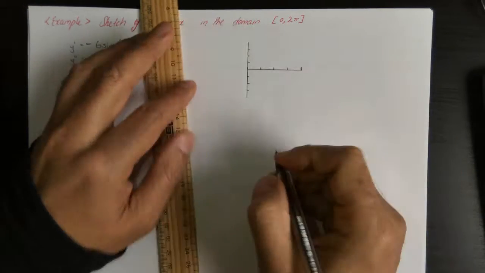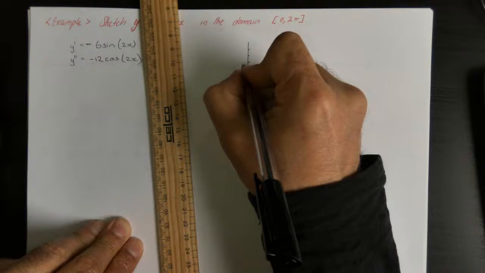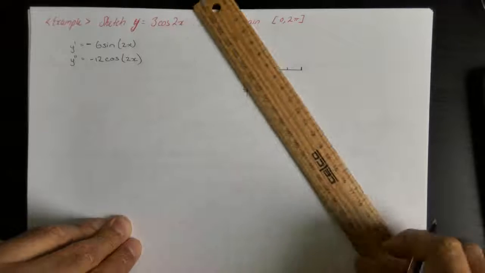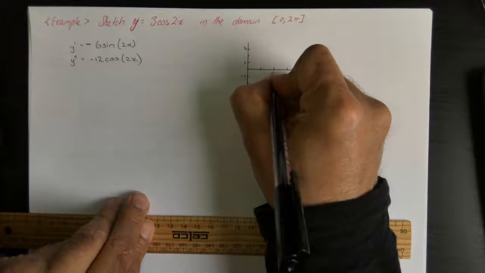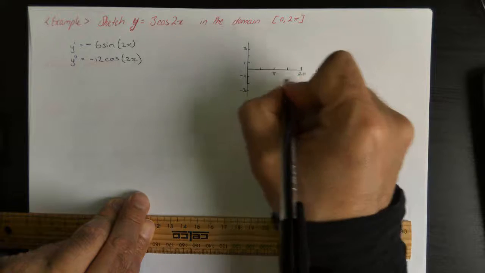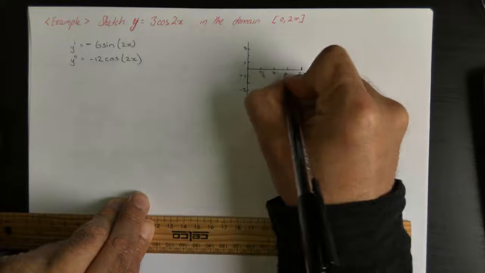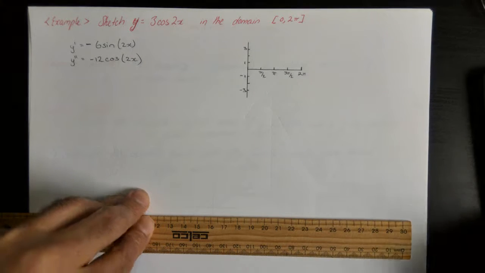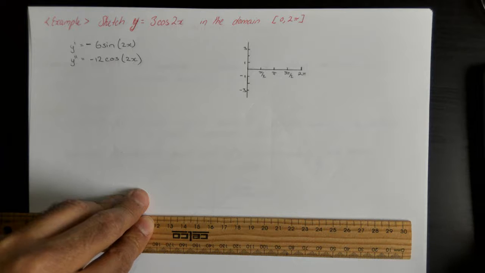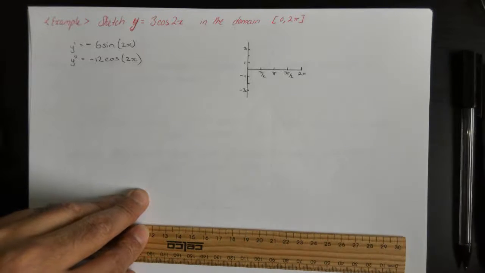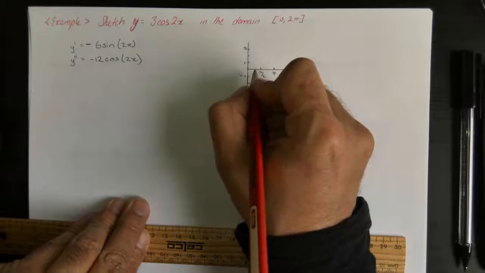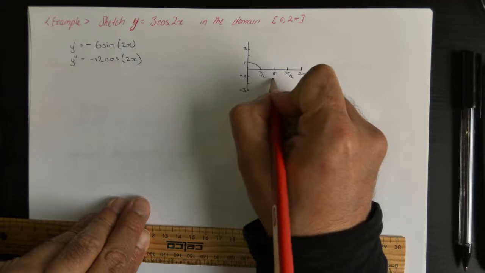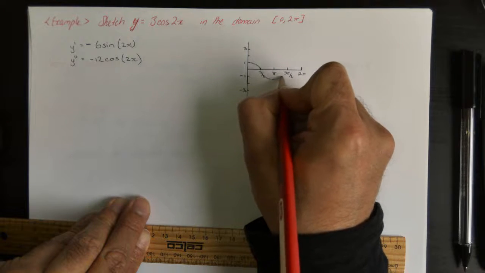We know that the normal cos function looks like this.